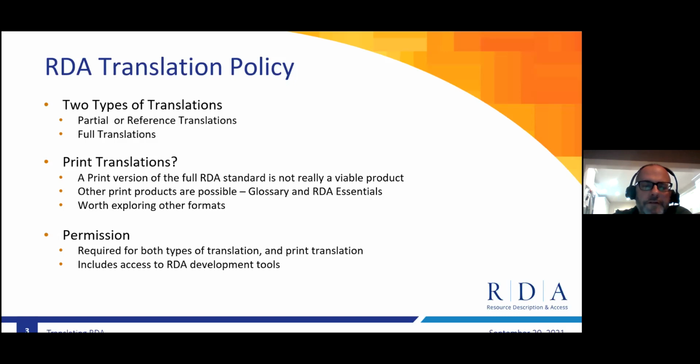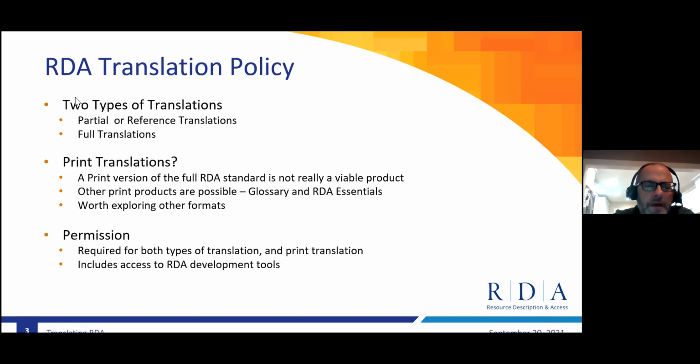I should warn you right off the start that with the revisions and changes to RDA that came out of the 3R project, a print version of the full RDA standard is not really a viable product, at least in my business experience in publishing. It would be just much too long and extremely expensive to put together. And I don't know that it would navigate quite well. The new revised RDA is really meant for the digital environment.